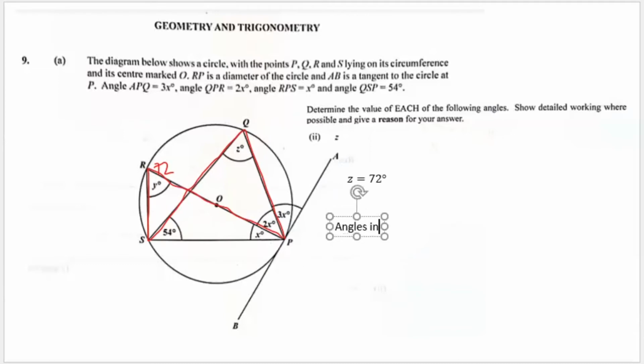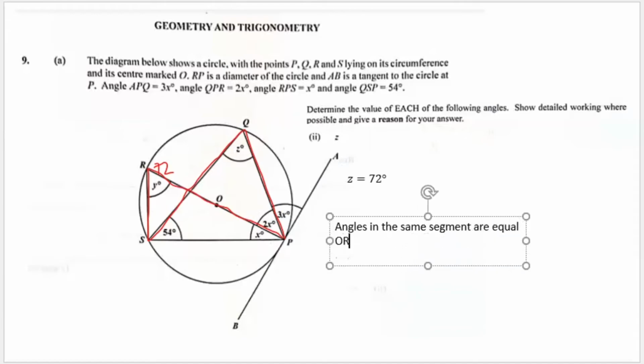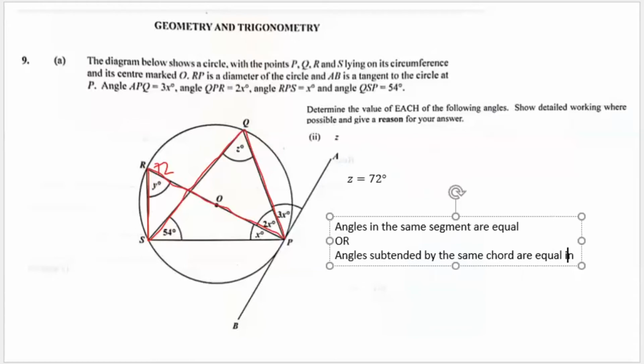So angles in the same segment are equal, or you could have used angles subtended by the same chord, which the chord is SP, are equal in sides. So any one of these reasons and you would be good. So angle Z is equal to 72 degrees, which is the same as what Y degrees was.